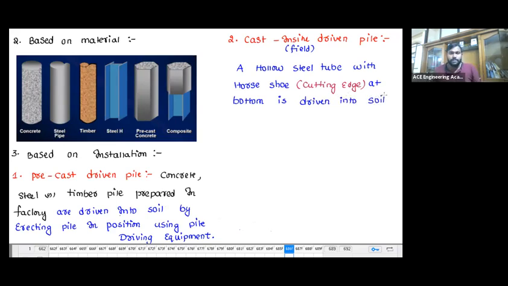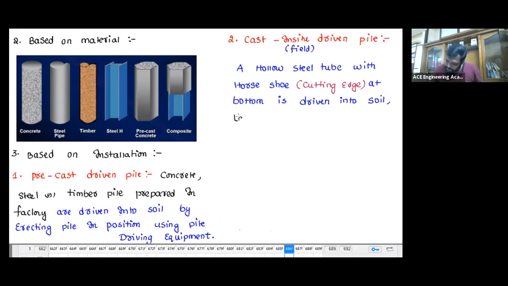So now what I do is, instead of preparing the pile, I take a hollow steel pipe or tube which has a cutting edge at the bottom. Why cutting edges, sir? When I drive it, due to the sharp edges at the bottom, the pile will penetrate into the soil. Whatever soil is inside the pipe, we remove it.